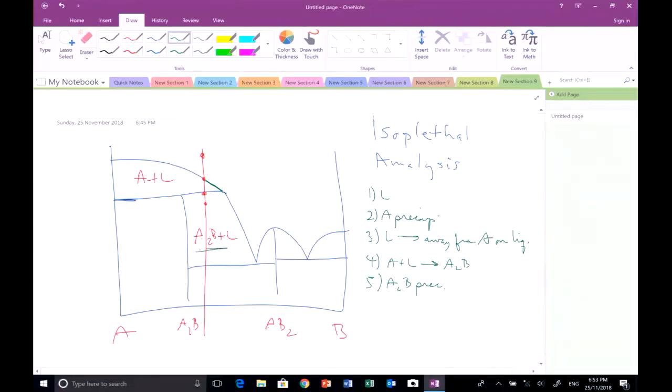Do you see the letter A written in there? Not as part of AB2. Do you see A as the phase precipitating, yes or no? No. So that means at equilibrium, I do not have A. So what happened to A? It precipitated. Where did it go?